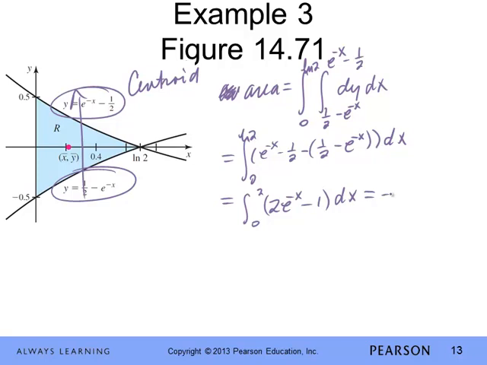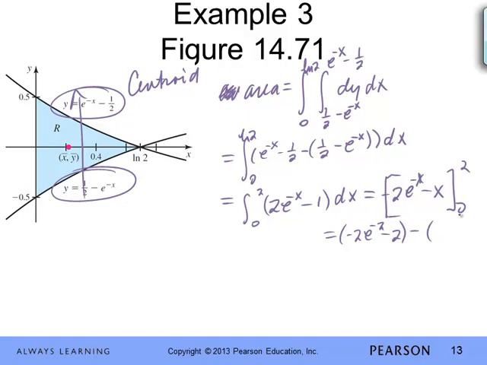So you get negative 2 e to the negative x minus x, evaluated between 0 and natural log of 2. Now you plug in natural log of 2 for x: e to the negative natural log 2 minus natural log 2, and then plug in 0.